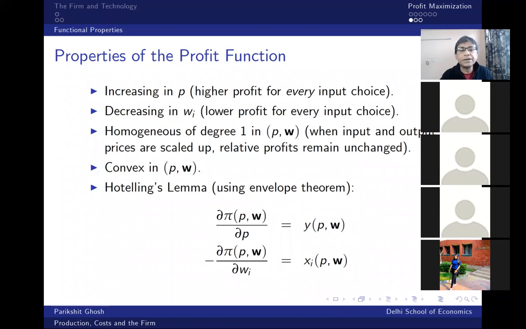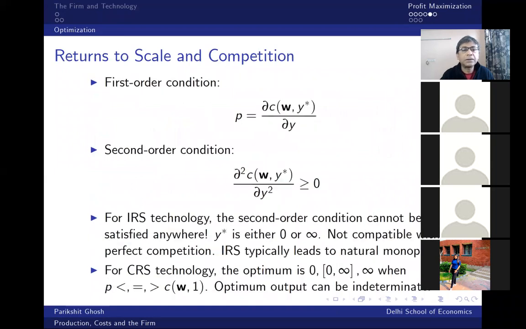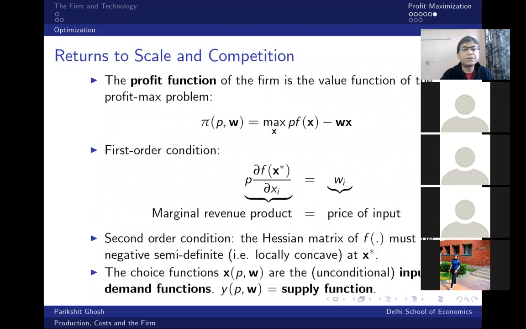Maybe I'm missing a slide here. Okay, so this is the slide. So the firm has a profit function. This is the direct way of trying to maximize profits. The choice is the input vector.